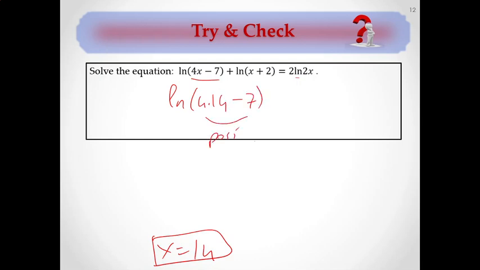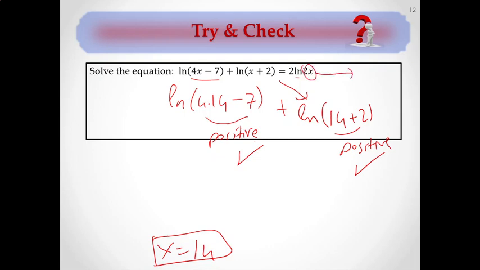Positive, for sure. Good. Now this one here, ln of 14 plus 2. Positive. Good. 2x is just 2 times 14, 28. Positive. We only check the positivity. This might make a problem in the equations.